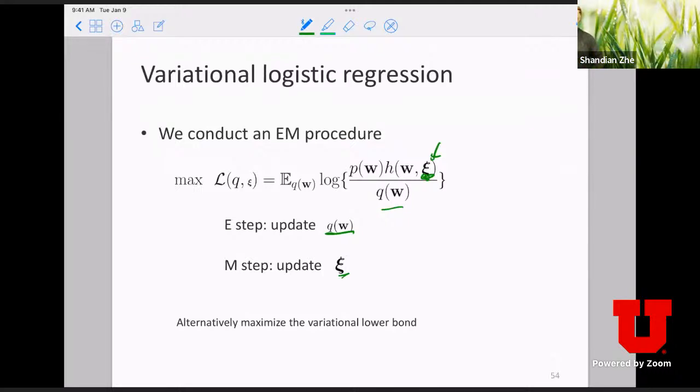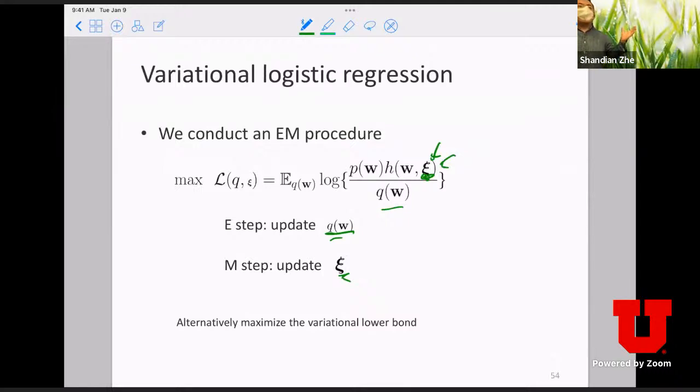So it's the same framework as in the EM algorithm. But the concept of this Q of W and C is different from EM. In EM, this Q of W is the posterior under the hyperparameter. But right now it's not, because what you're maximizing now corresponds to the lower bound computed based on the true joint distribution.